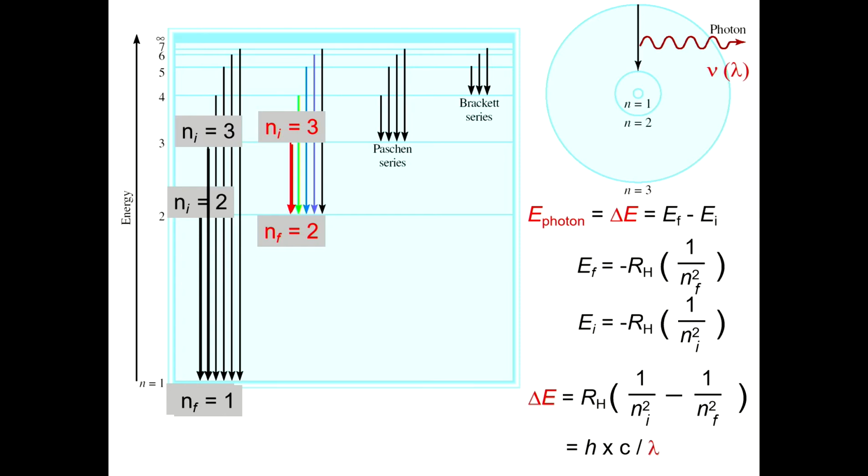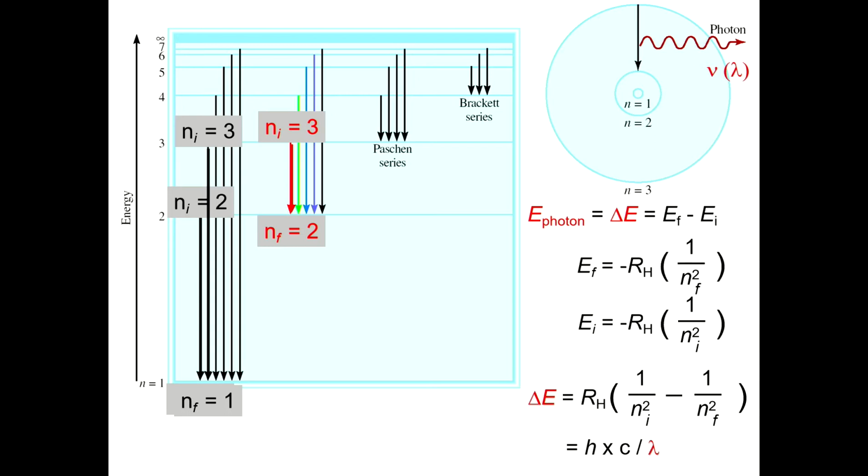So here this shows the orbital energy. Finally, we can get this equation, right? For example, in this case, what is n_i, the initial?